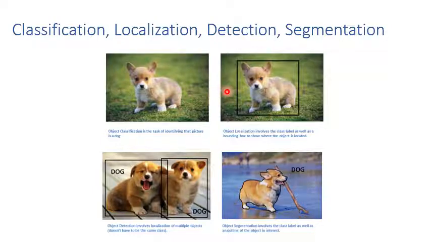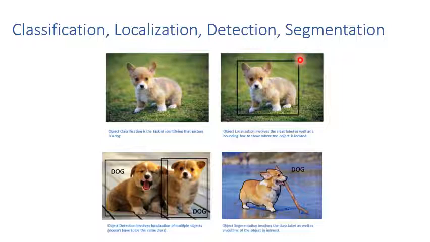The second task is localization, which goes one step further than classification by finding the bounding box. So now we know the location of the object, but it only handles one object in an image.